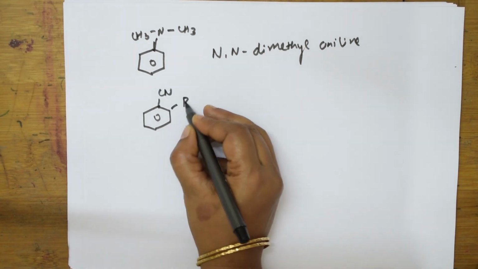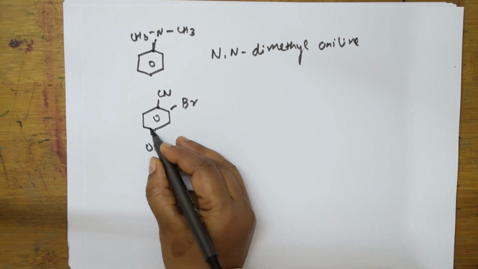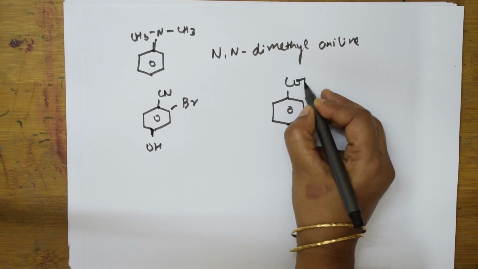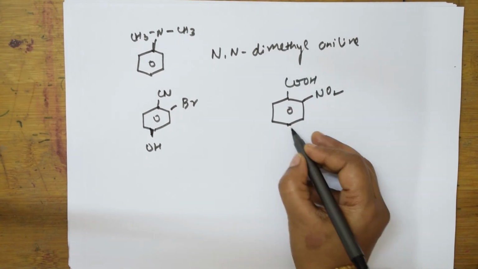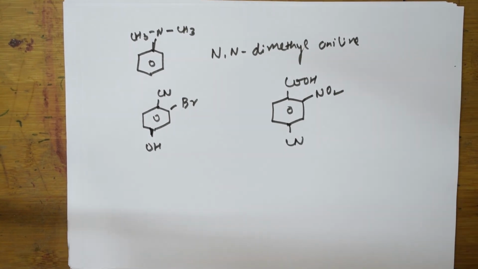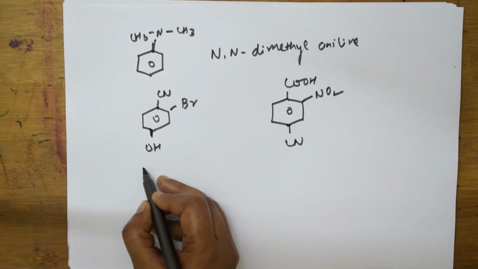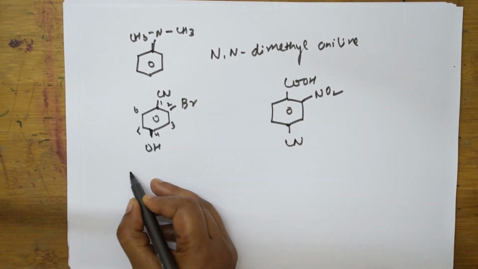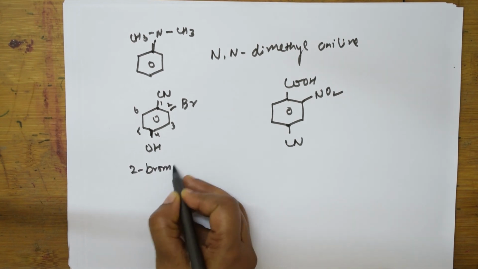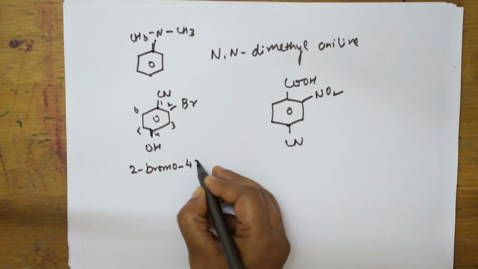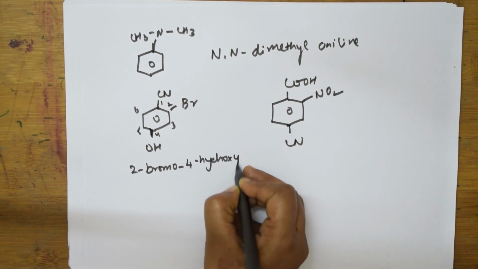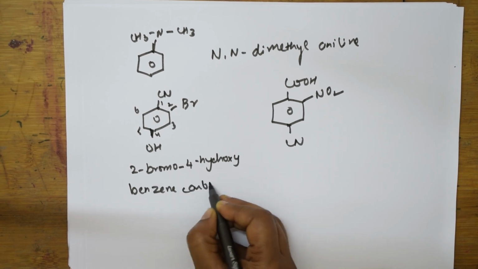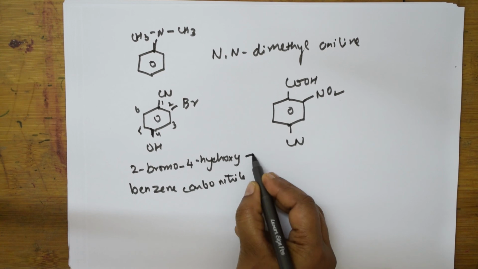Now, suppose I have a benzene ring like this, with a cyano group here, bromine here, and OH here. And one more combination: acidic group here, NO2 here, CN here. How do I name these compounds? First number it 1, 2, 3, 4, 5, 6. So 2-bromo-4-hydroxybenzene carbonitrile.